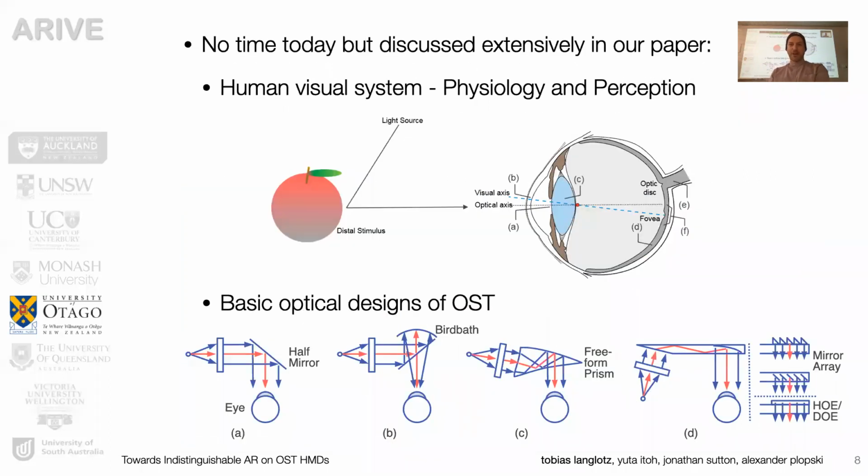What we will not talk about in today's lecture, but talk about in the paper, is fundamentals on the human visual system. So how is our eye built, so the physiology, but also the perception. I will scratch a bit on that, but we will not go into any detail. I will also not talk today in any long detail about the basic optical designs of optical see-through head-mounted displays.